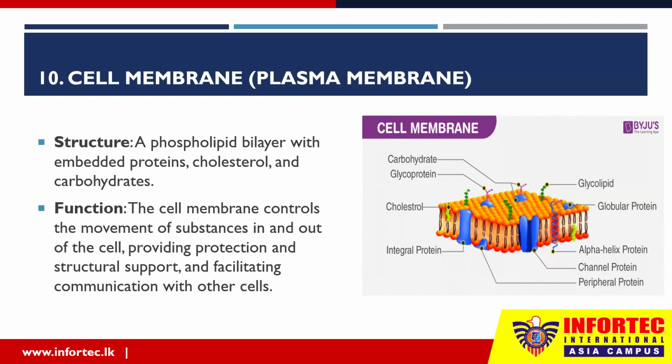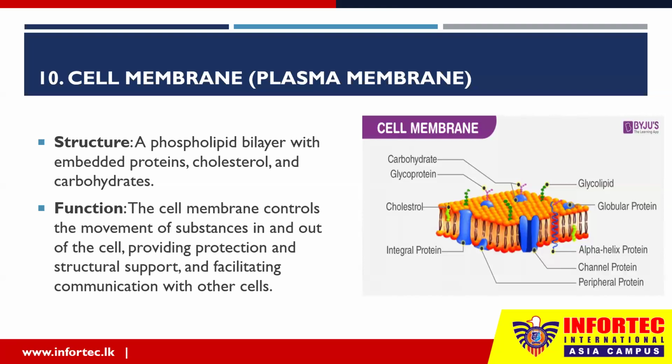So you have to go thoroughly through the structure of the cell membrane. There are lots of animations on YouTube, and it is better to go with those animations as well, so you can get a 3D image in your mind. First I will discuss it, then you can go and check.